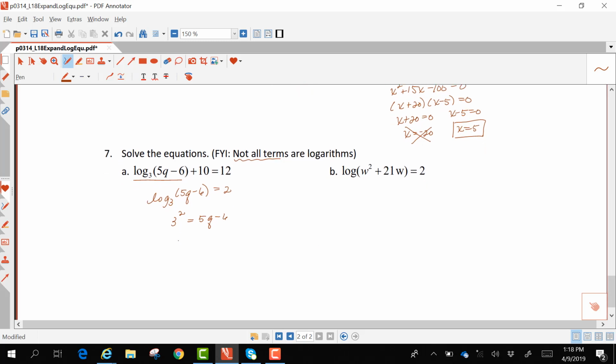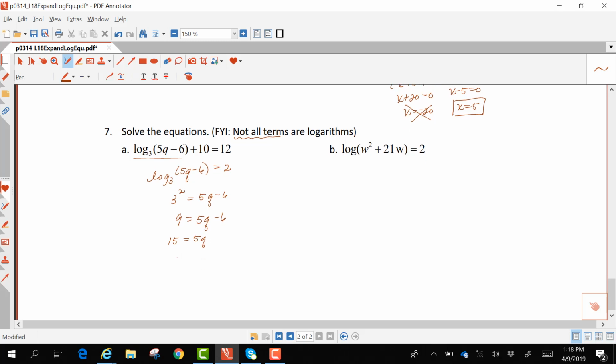This is now a linear solving situation. And remember, your goal is what is the value for the variable, so the solution is q equals a number. If I add 6 to each side of this equation and then divide by 5, I get a q value, or a solution of 3.